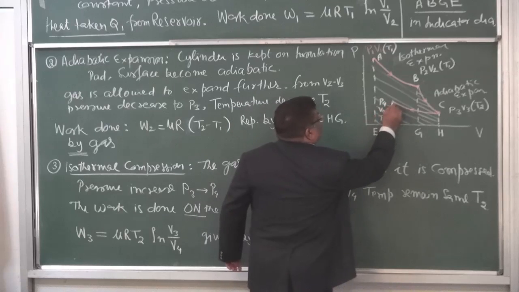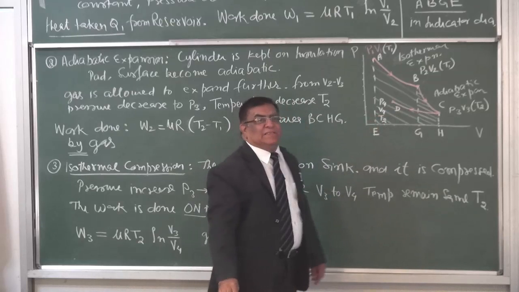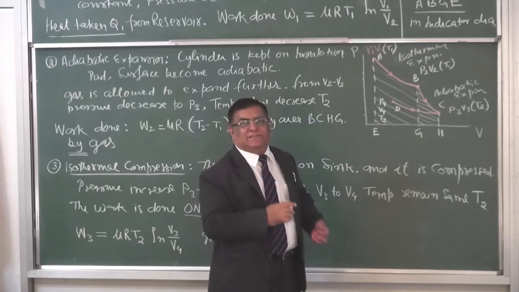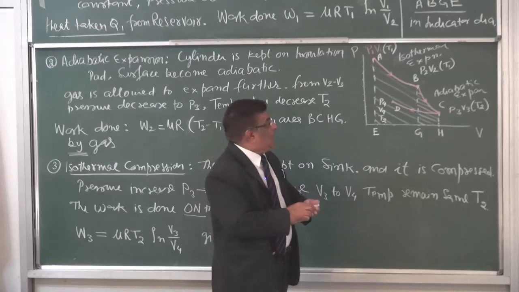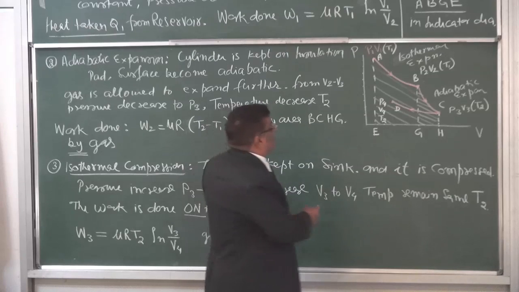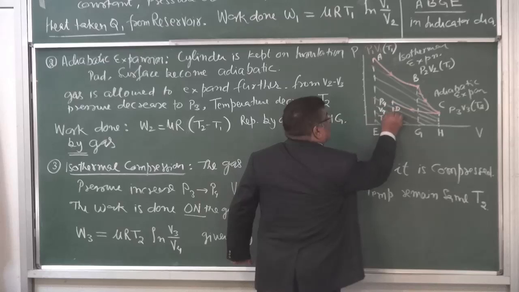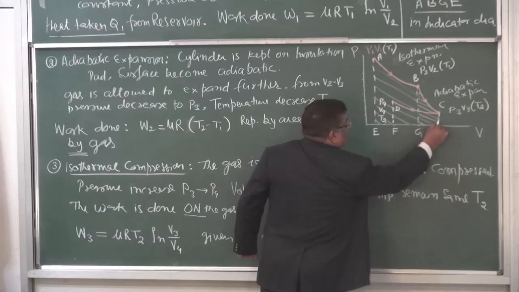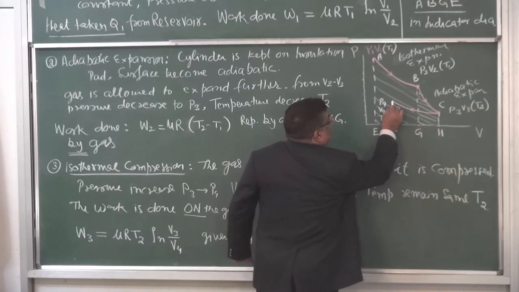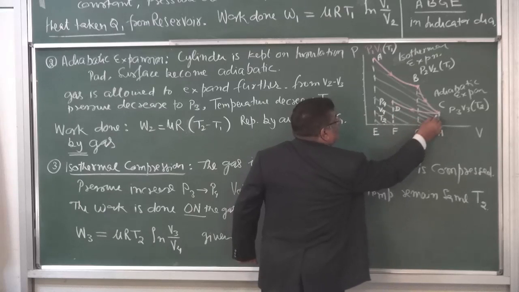Let this point be D. How much work is done on the gas? The answer is the area below the graph. Where is the area below the graph? I will make it here. This is the area below the graph. Start from here and here. So this is the area.